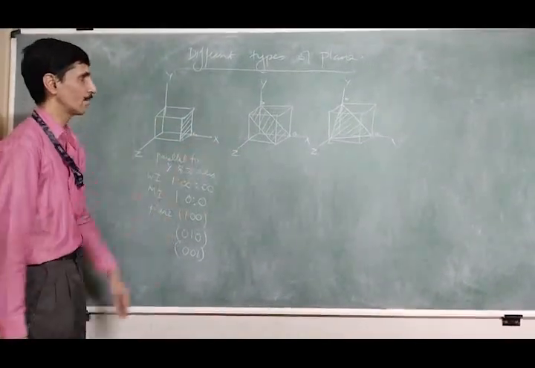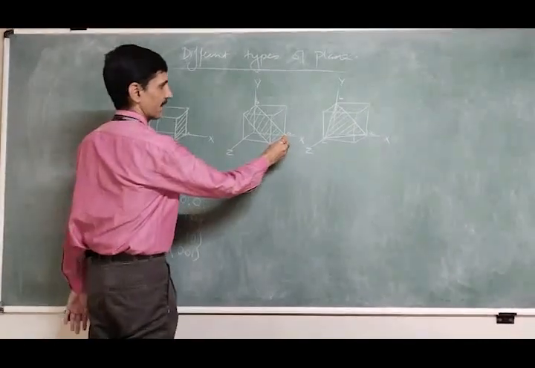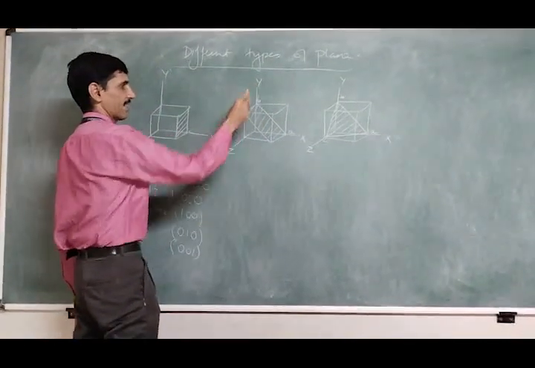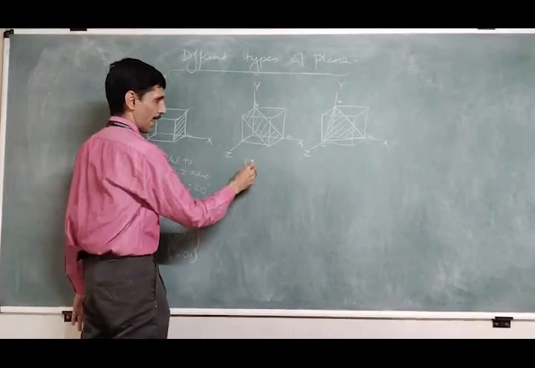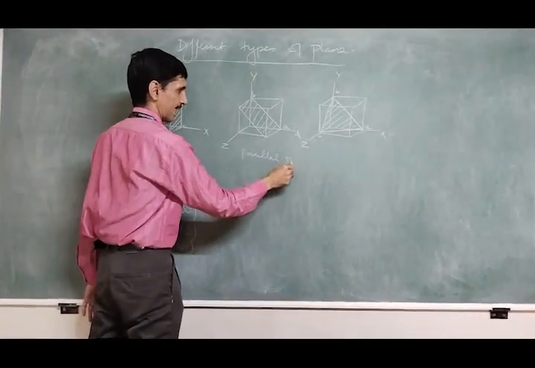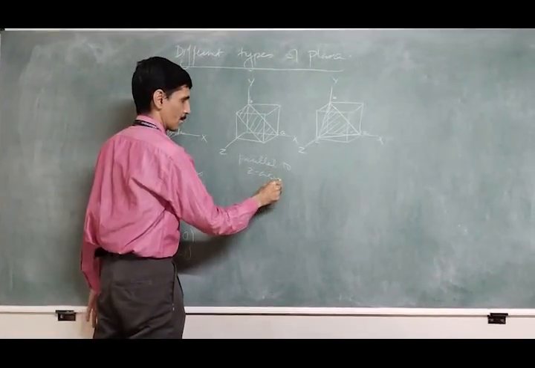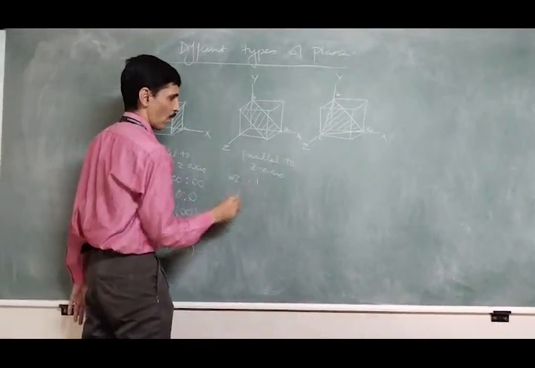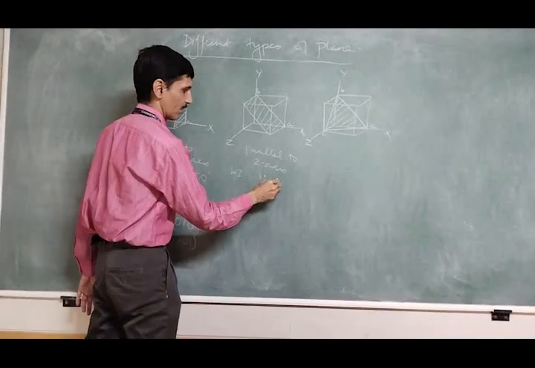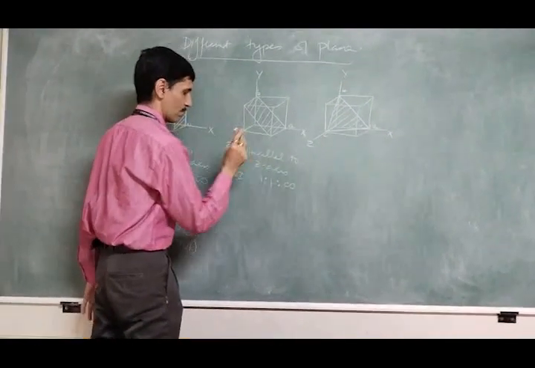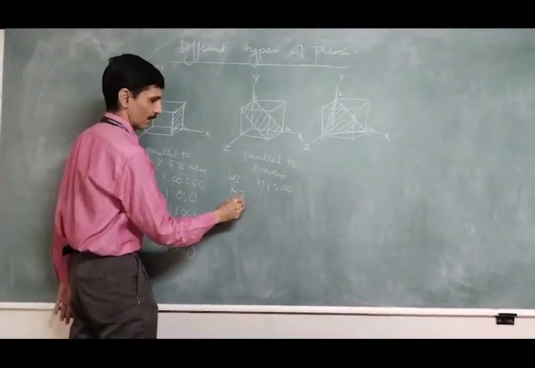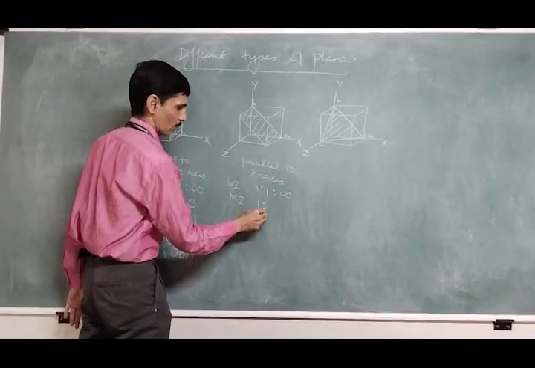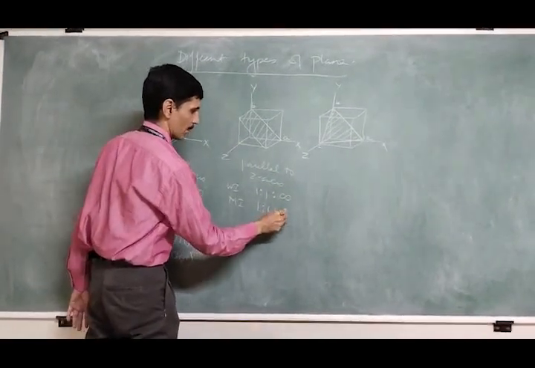Alright, we go to the next one. You can see we have an intercept that is A along the x-axis and B along the y-axis. That means it is parallel to the z-axis. Okay, so when we go for the Weiss indices, what we have is 1:1:infinity. Okay, this is what we get. I convert this into Miller indices, it will give me 1:1:0.